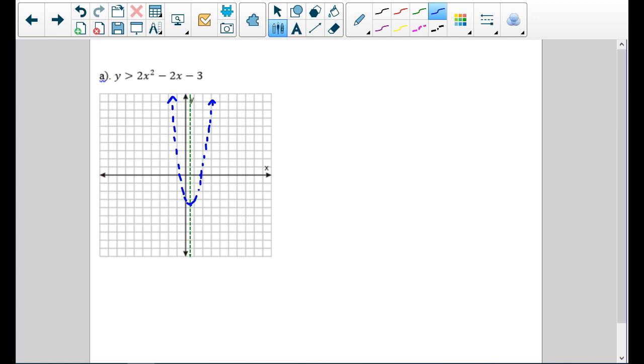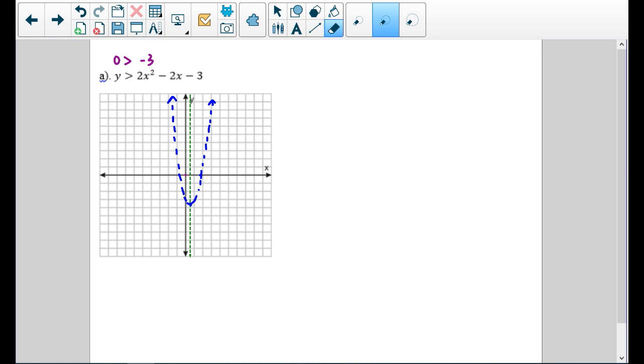Okay, so y is greater than, again, you can always pick values and plug them in. So if I'm not sure, good value to plug in is 0, 0. If I plug 0 in here, like 0 greater than, again, this is 0, this is 0, so I end up with negative 3. So it's 0 greater than negative 3? Yes, it is.